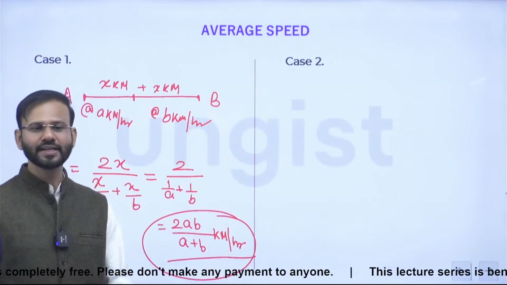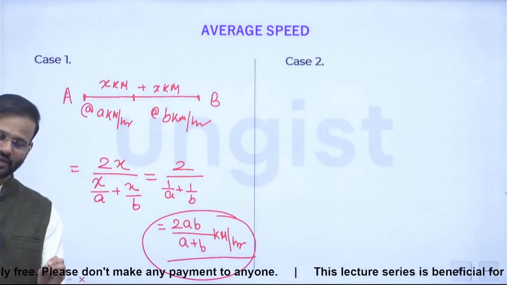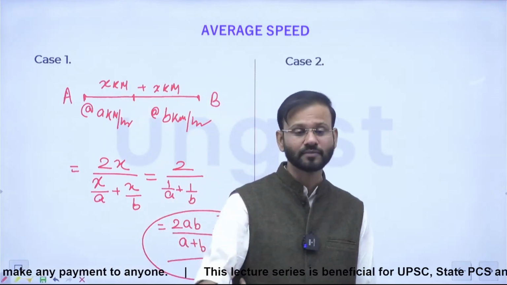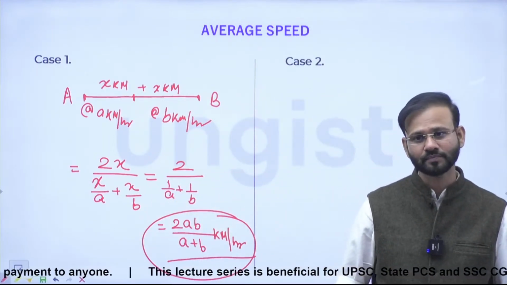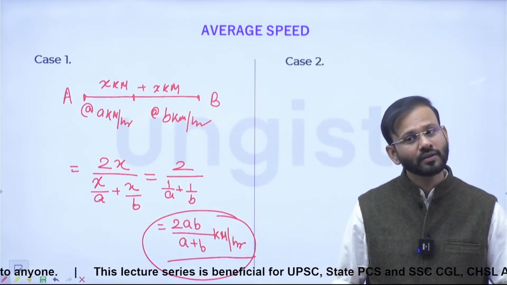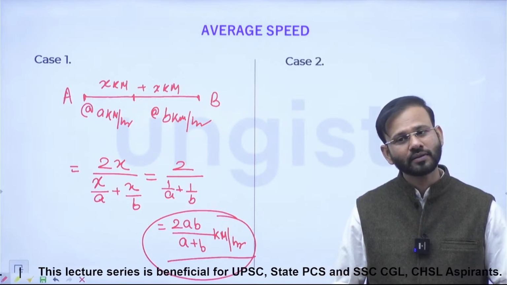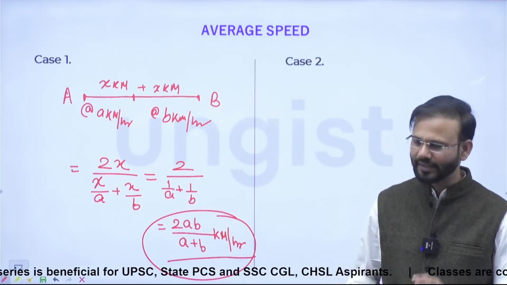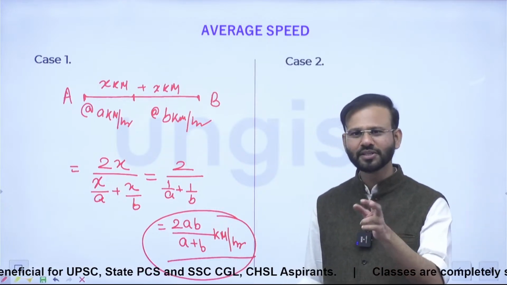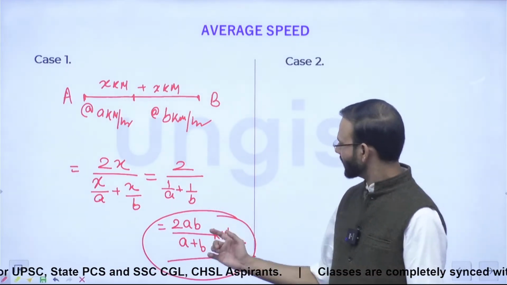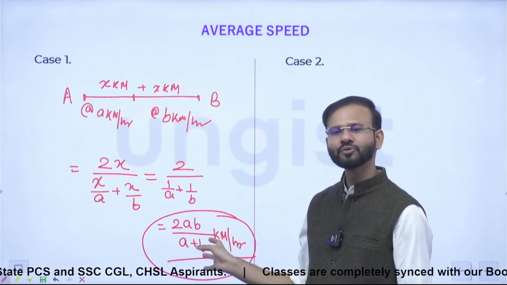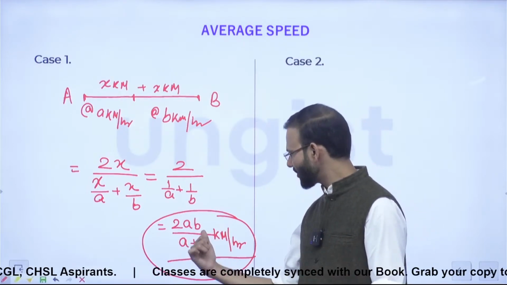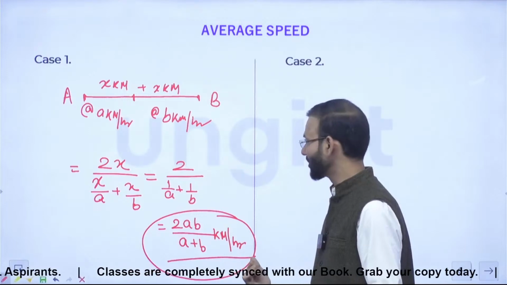Yes guys, each data says something, and being an officer you should have that quality to read that data. डिस्टेंस की भी टाइम निकाला जा सकता है। देखिए आपने एक बात सही बोली लेकिन थोड़ा सा कंफ्यूज हो गए आप। Here we are trying to find the average speed, and average speed is 2ab upon a plus b kilometer per hour.